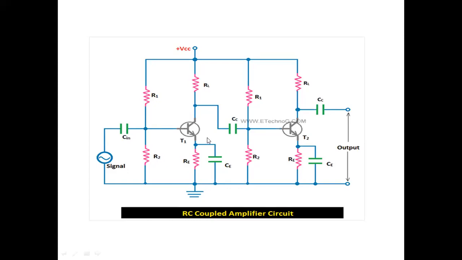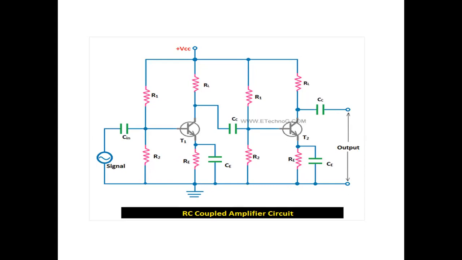This coupling does not affect the operating point of the next stage, since the coupling capacitor CC blocks the DC voltage of the first stage from reaching the base of the next stage. So here we are using a coupling device like CC, and this capacitor blocks the DC content or DC current which appears at the output of the first stage.